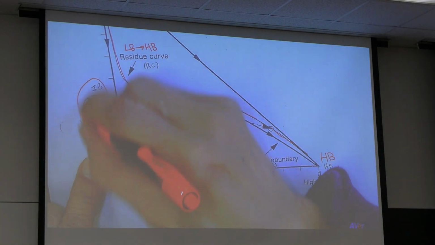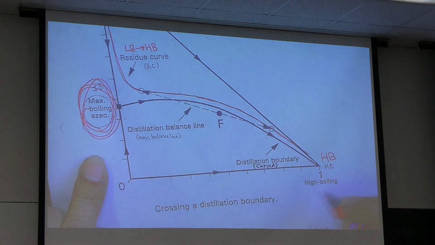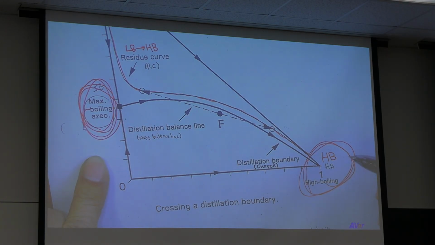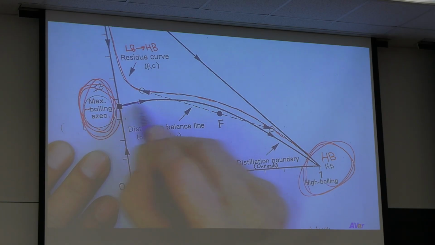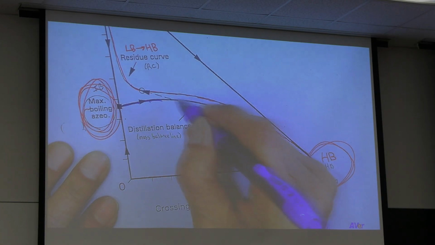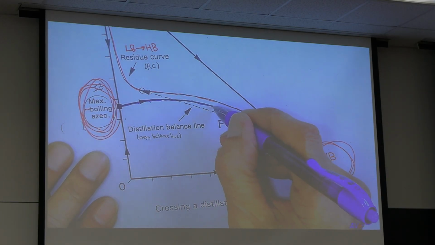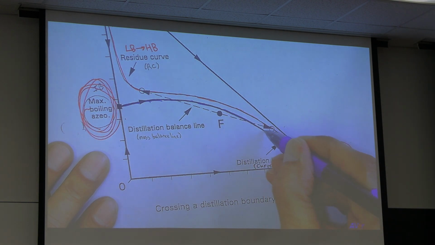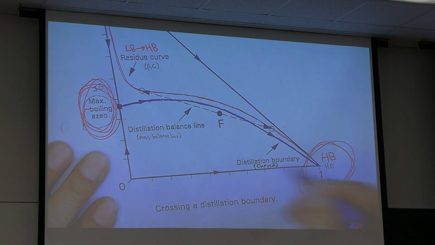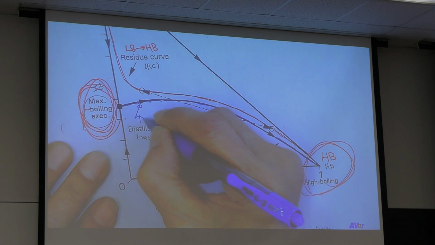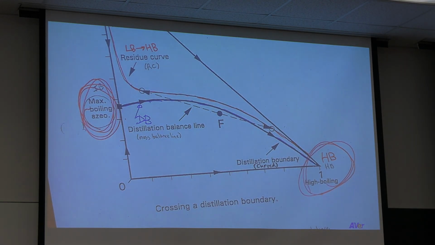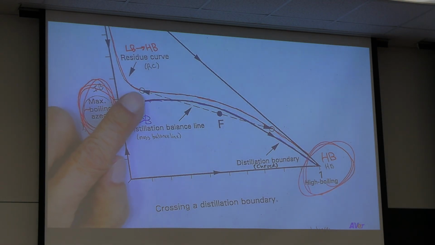This is IB to HB. So this blue one, that is the distillation boundary. When will this column be feasible?